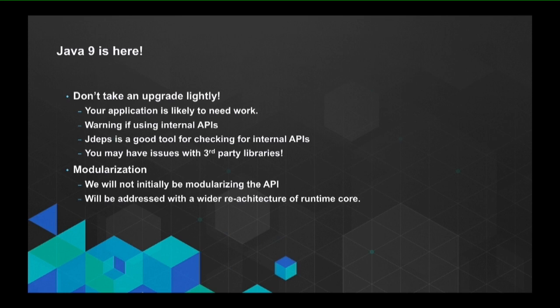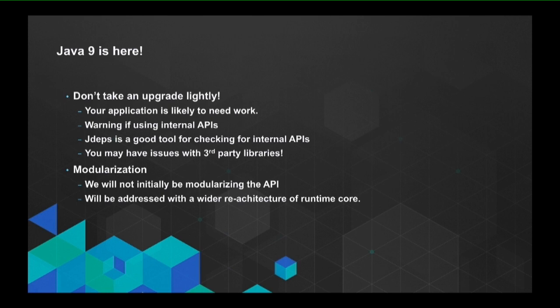Another area you'll come across inside Java 9 is modularization. I will say that we haven't done anything with modularization just yet. It's just one big component. I want to address that in a later release when we do a wider re-architecture of the runtime core, because the runtime core is getting quite large and we're looking at ways of breaking it down so that we can deliver it to you in smaller libraries, so you don't necessarily need all the functionality.